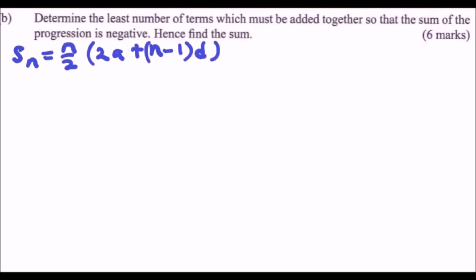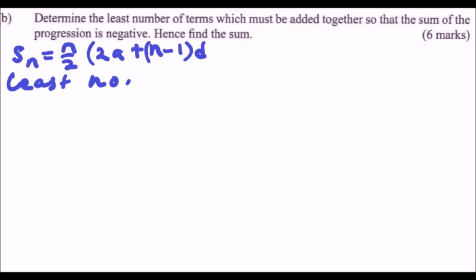No, we don't close that. So that is the formula. So to find the least number, we say that this number must be such that the progression is negative, so the sum must be less than 0.